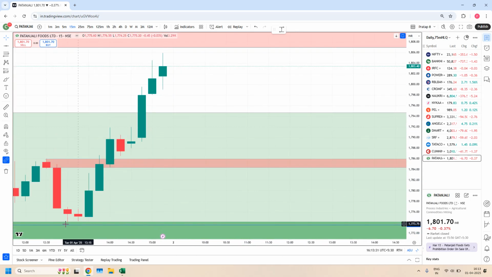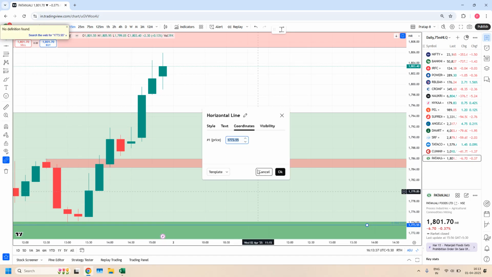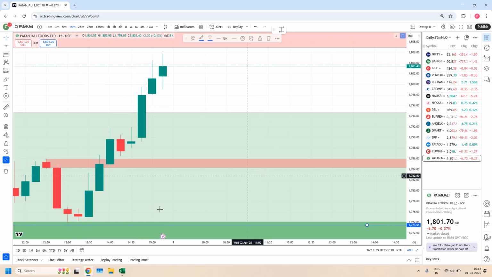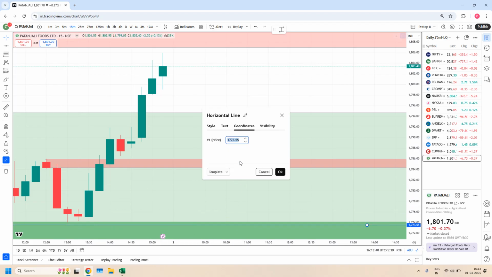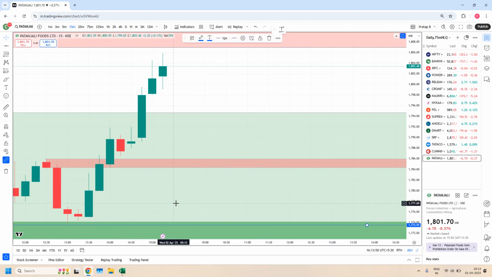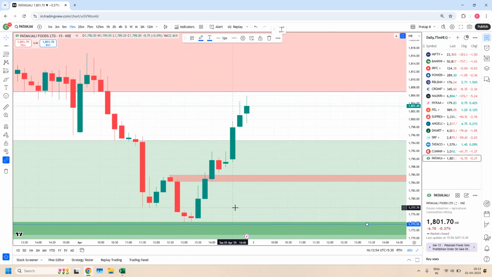Now tell me, price reached this 1:, a little short. See, our entry is 1773.55 and the low of this candle is 1774. So that means we missed the trade by almost 1.5 rupees. Otherwise we would have got the trade.